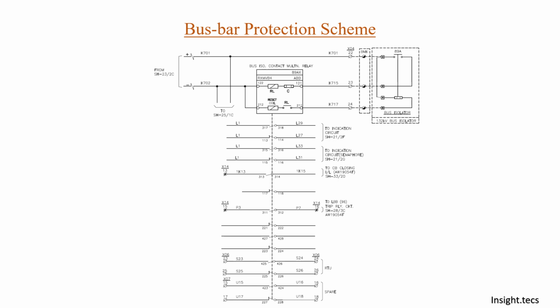But when it gets closed, this 89A contact is closed, this coil will be operated, this relay will be excited, and you can see all these contacts will come into operation.